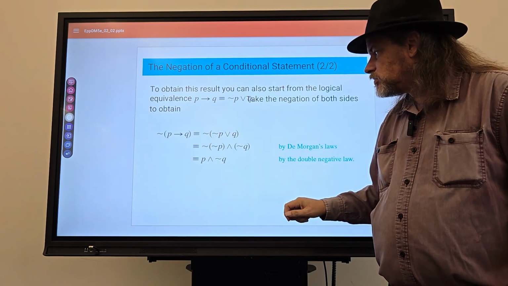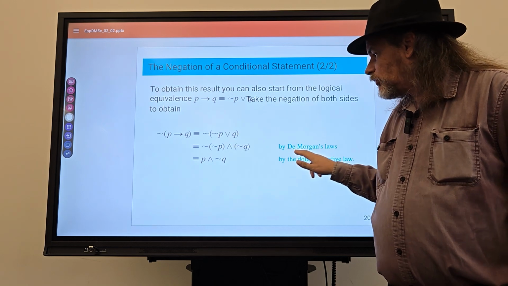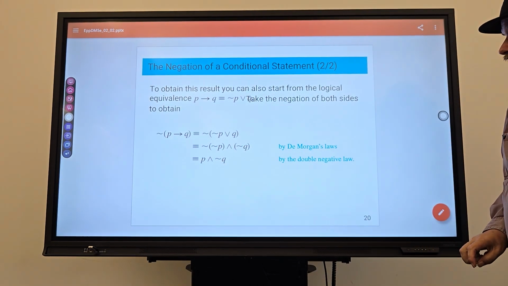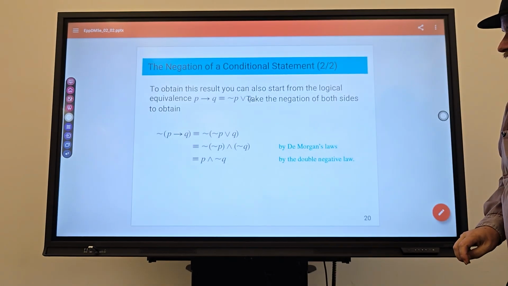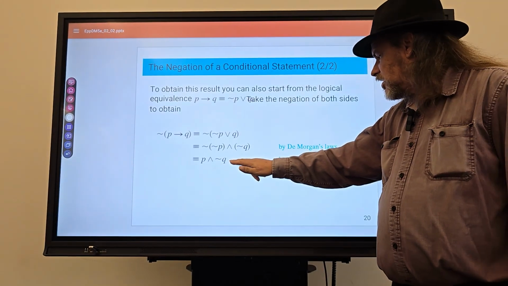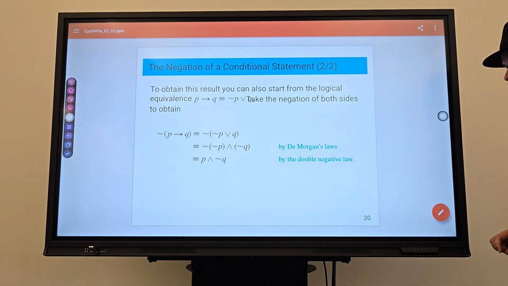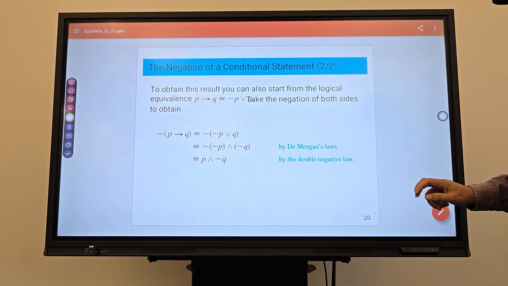By De Morgan's law, you get this expression, and then finally by the double negative law, you end up with P and not Q. So that would be the equivalent of the negation.